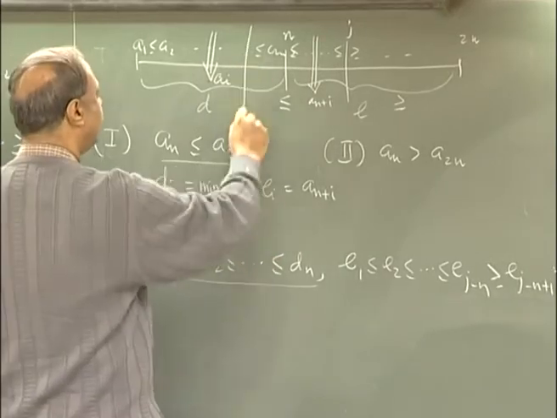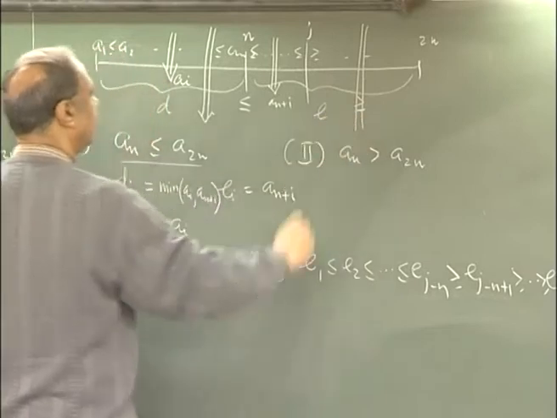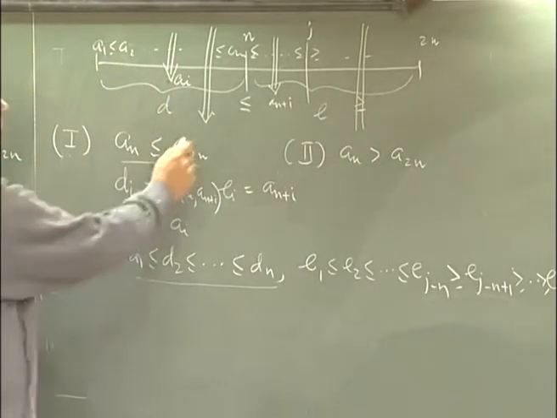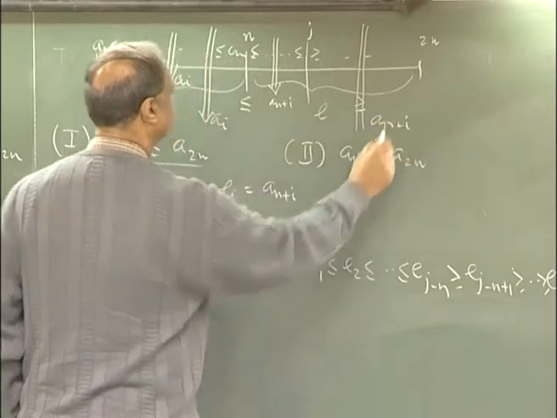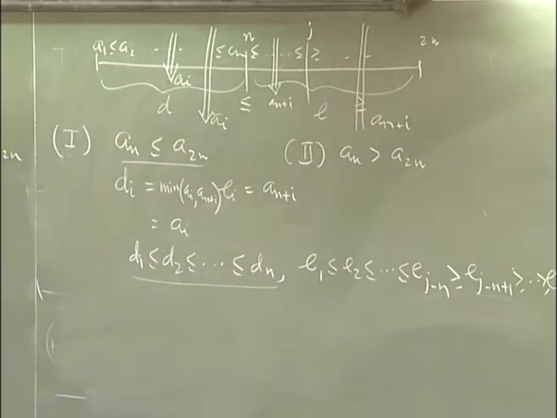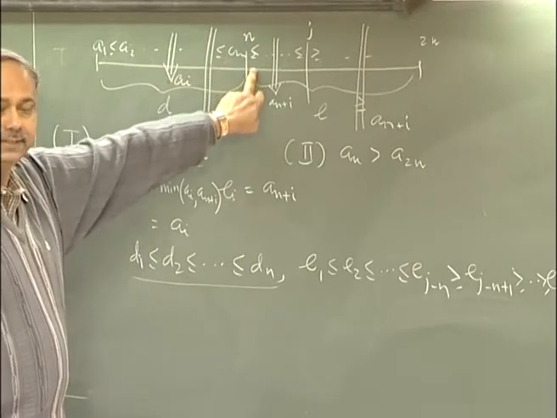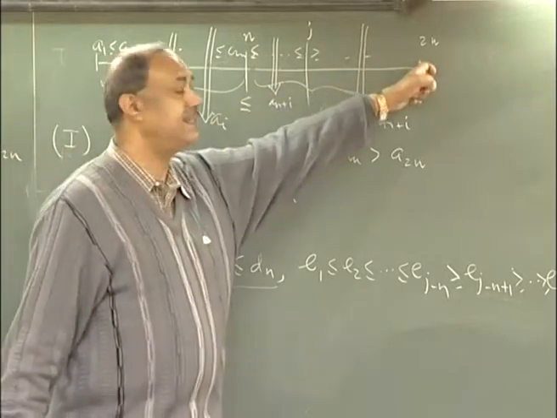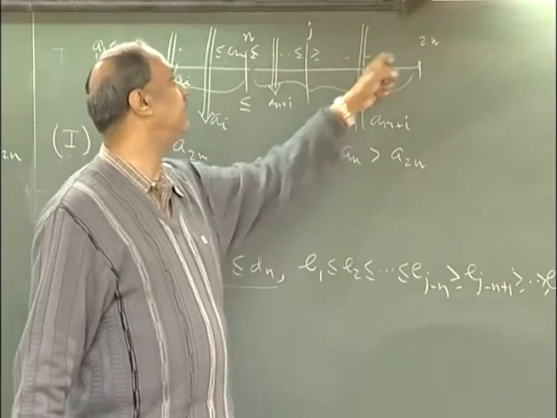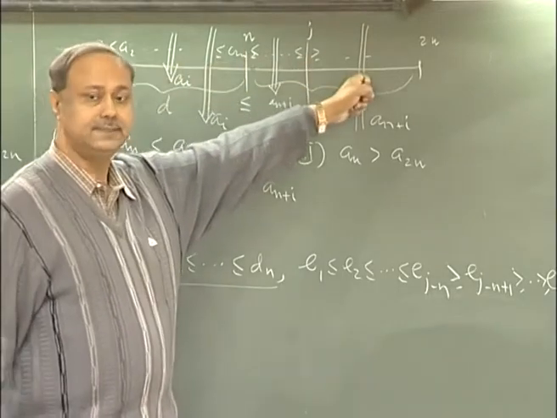Another possibility is that your Ai is here and An plus i is here. This element is less than this element, this is less than this, so this element is less than this element.